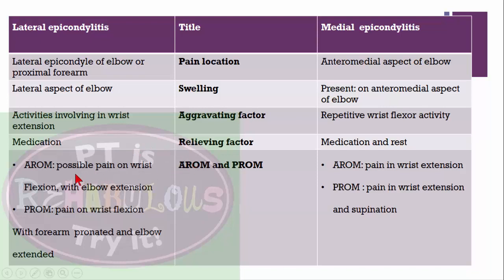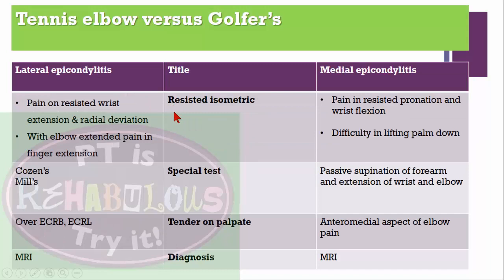If the patient has an active range of motion problem, the patient may have pain on wrist flexion with elbow extension. If passive range of motion is painful, then there is pain on wrist flexion with the forearm pronated and elbow in extended position. Let's learn resisted isometric testing for lateral epicondylitis.